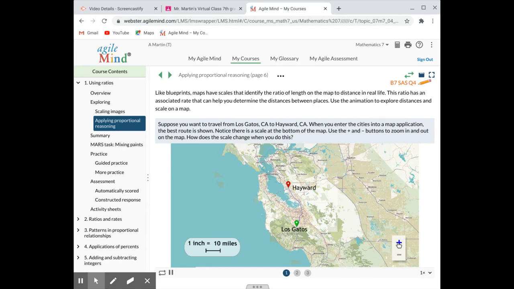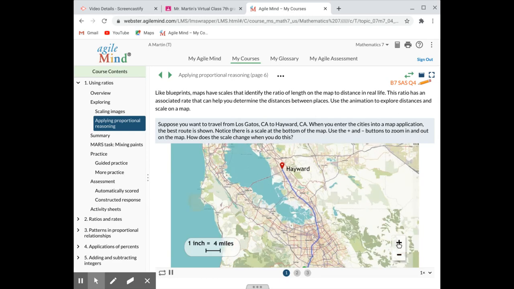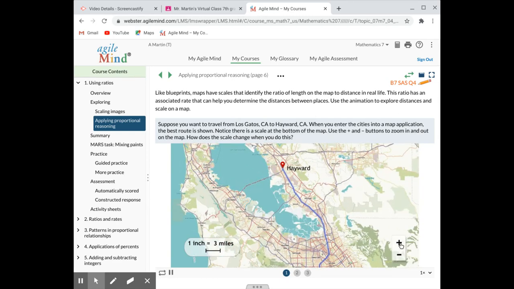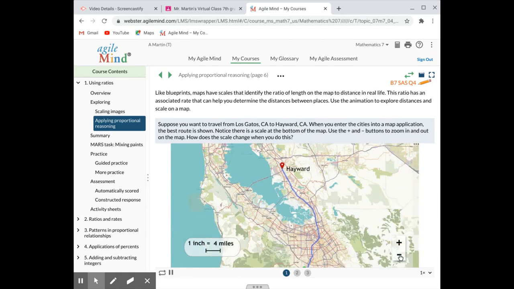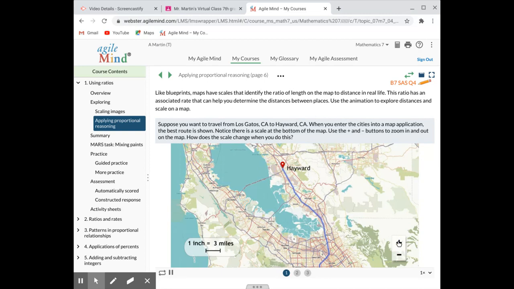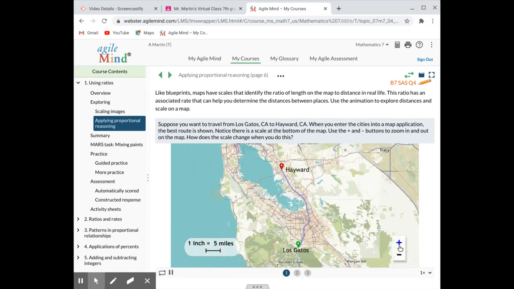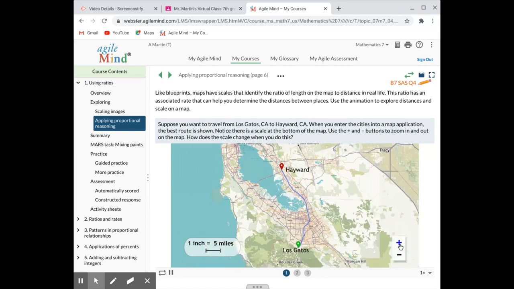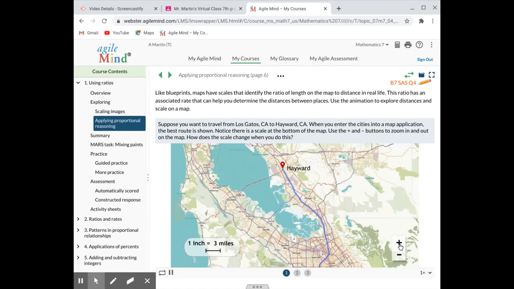So let's see what happens when we go closer. What just happened? It's going down. By how many miles? 5 to 3 is how many? 2. So it went down 2 miles.